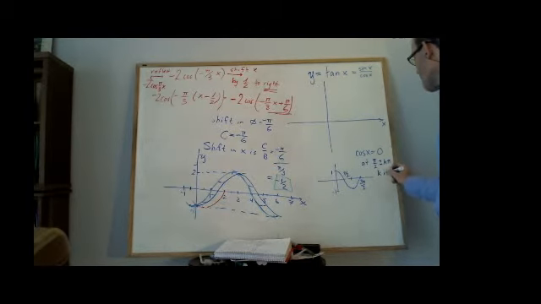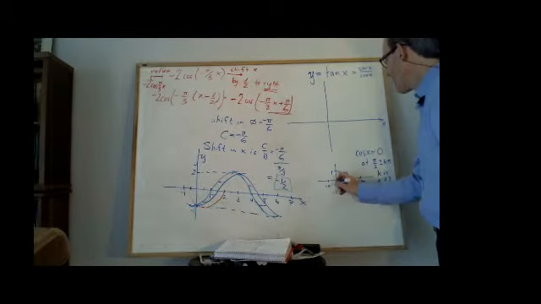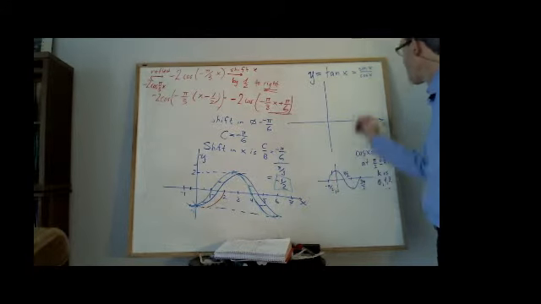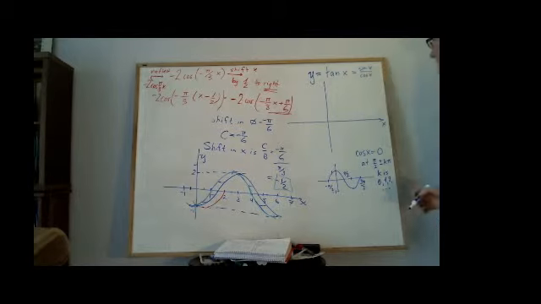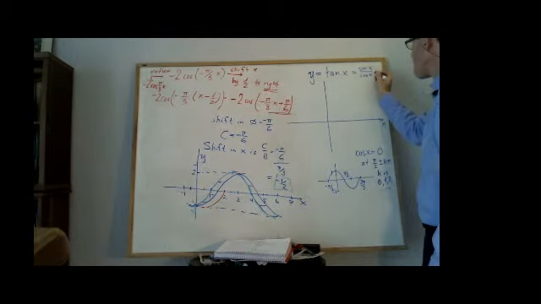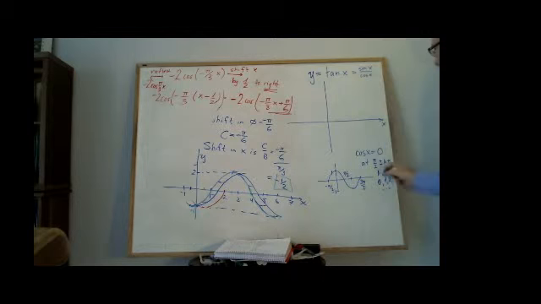K is 0, 1, 2, etc. All right, so in particular, pi over 2 and minus pi over 2 will be two places where cosine of x is 0, and therefore the tangent of x, since the sine of x is not 0 at those points, sine of x will be either 1 or minus 1 at those points.